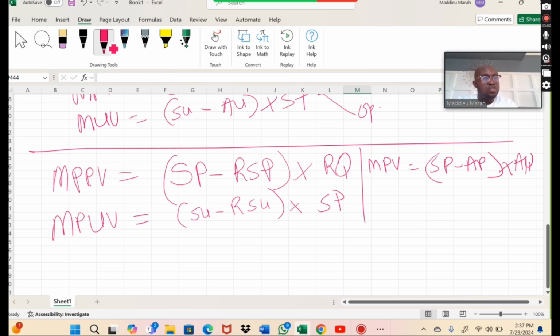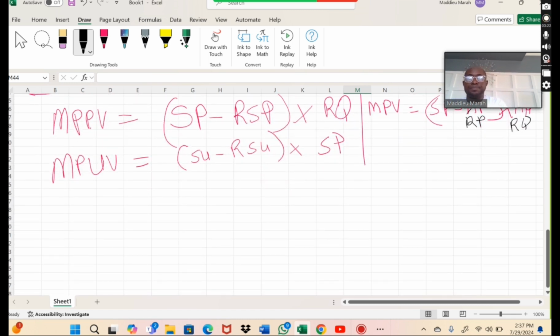So you see actual here, where you get your actual price, actual quantity, it becomes revised price, revised quantity. Same formula, but replace actual with revised. Simple now. Okay. So let's do the operational.